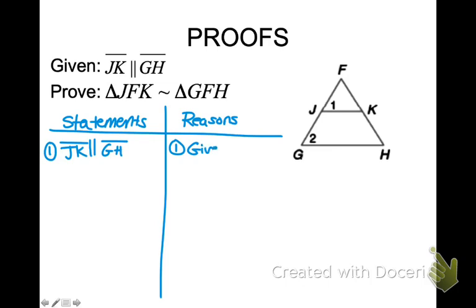Given. Again, vertical angles or reflexive properties are still going to come into play. Here I do not have vertical angles, but I do have a reflexive property. What angle is shared in the overlapping triangles? Yeah, that top angle up there at F, right? So angle F is congruent to itself because of the reflexive property.